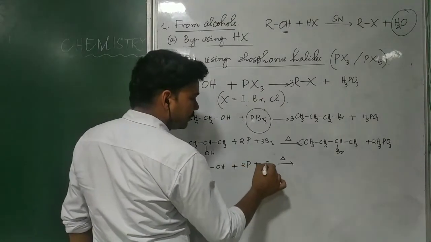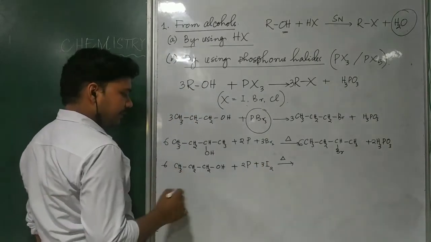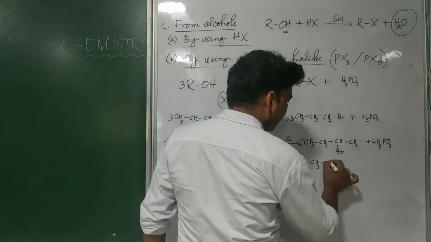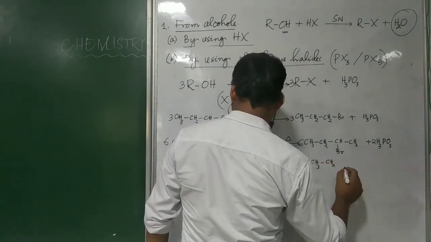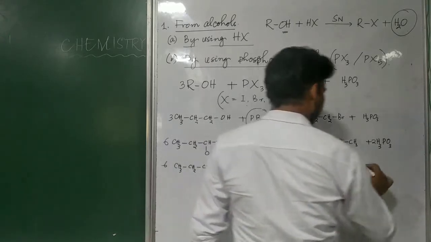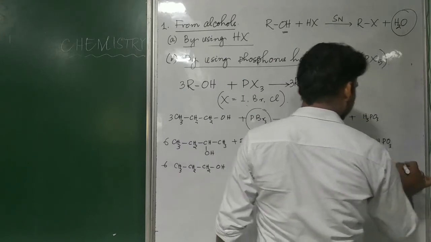Here also the same coefficients are to be put. As a result, 6 alcohol molecules will participate and we will get the corresponding alkyl iodide, propyl iodide, along with the formation of 2 H3PO3.